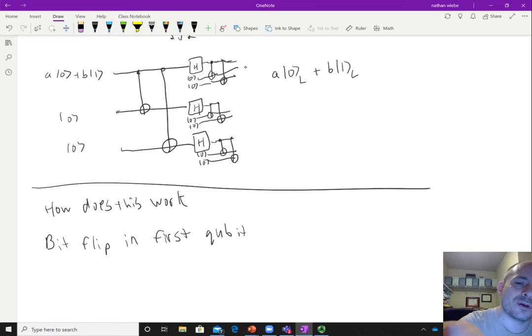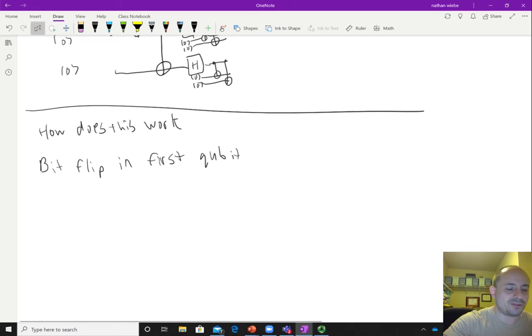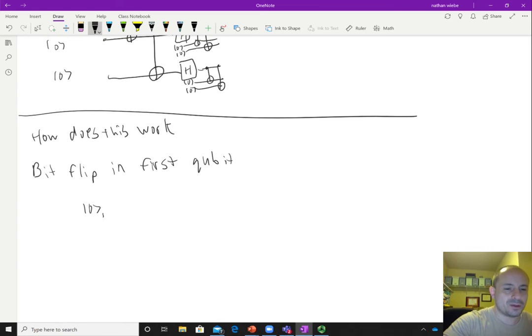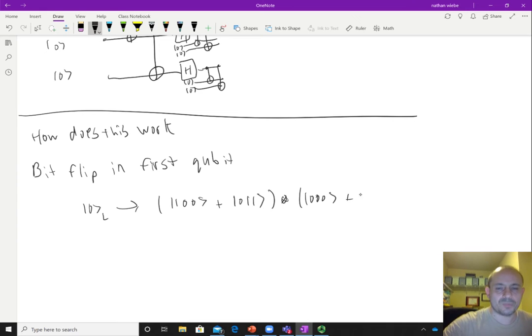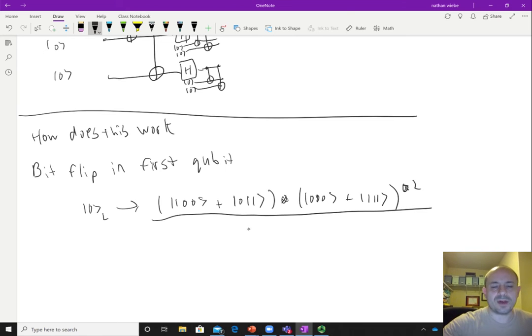If we've got a bit flip in the first qubit, then that's going to map |0_L> to (|100> + |011>) tensor (|000> + |111>) tensor 2, divided by, of course, 2√2.